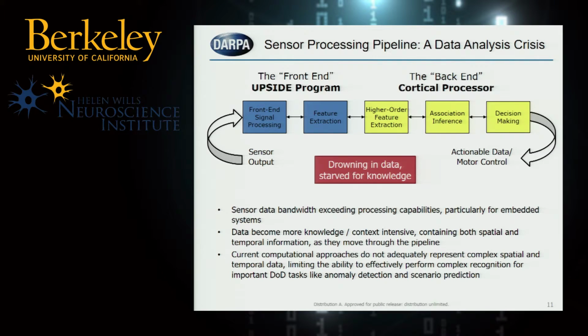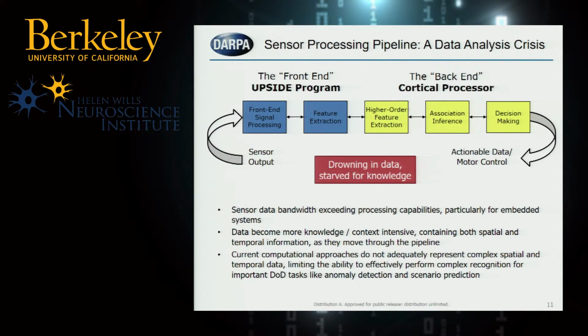As we move back into the system, we start trying to make much more complex decisions. We're extracting ever more complex data from the sensor data that's flowing through the pipeline, and then we start running into other problems. We don't have good algorithms for the kind of things we're doing at the back end, but also we still have significant speed problems.